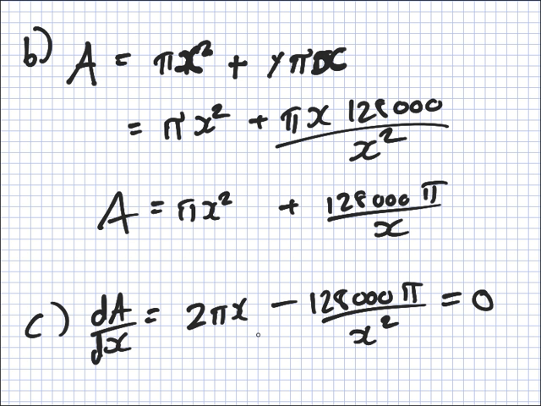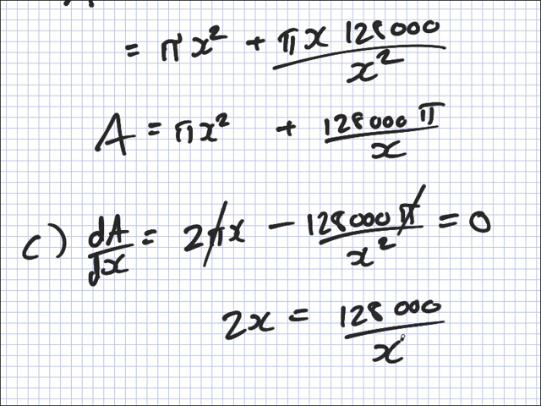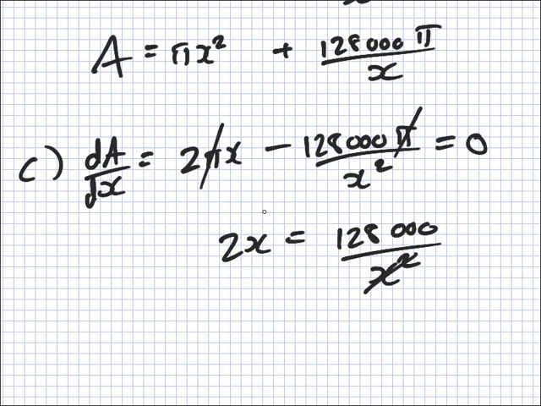That's minus because it was x to the minus 1. Divide everything by pi. So you have 2x equals 128,000 over x squared. Bring the x squared across, so that becomes x cubed, and then divide by 2, so that becomes 64,000, and then cube root, 40.